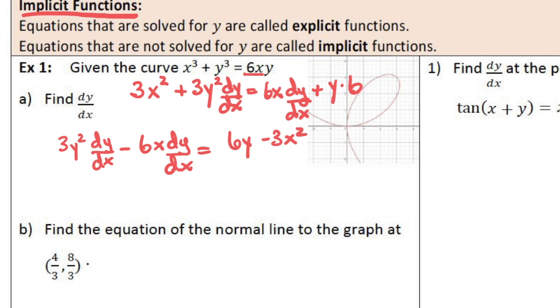So depending on how the problem is set up is how you want to approach finishing up your problem. Make certain that if you're asked to find a second derivative, your derivative would have a dy dx involved in the problem, and that would need to be replaced.